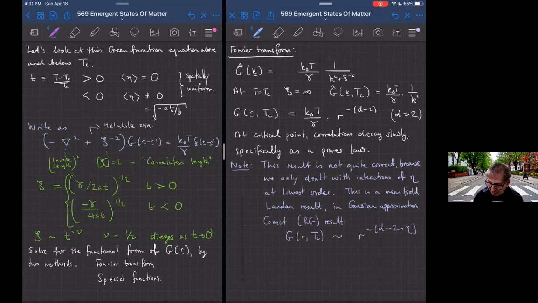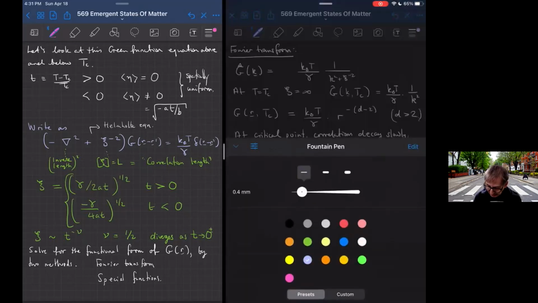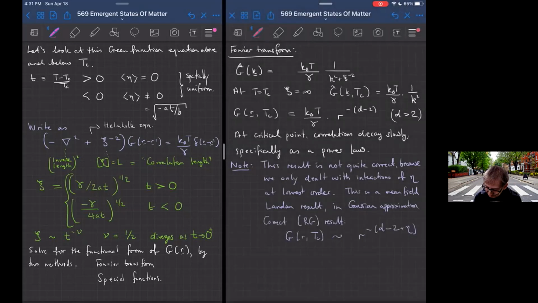This eta is not the order parameter. This is a critical exponent, or anomalous dimension. And in 3D, it's pretty small.